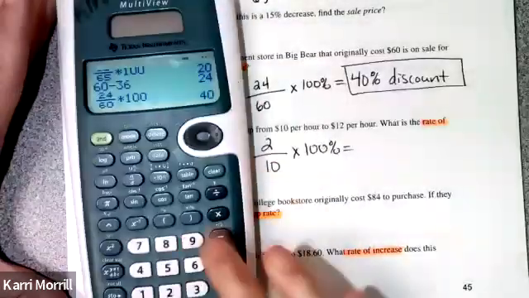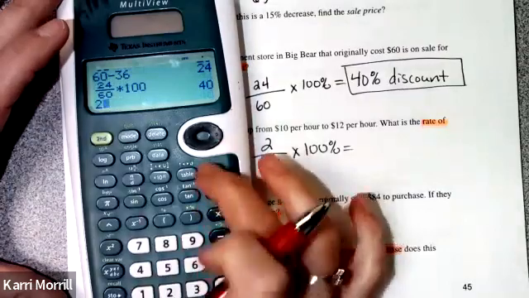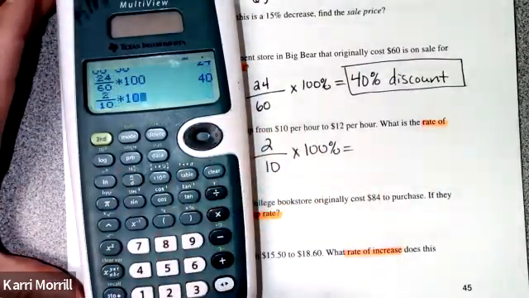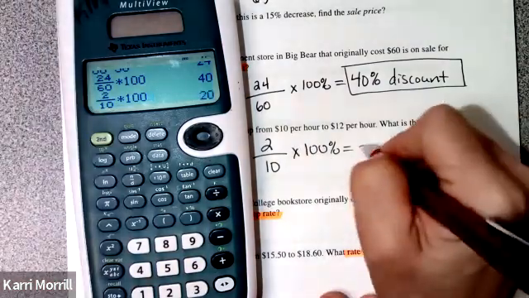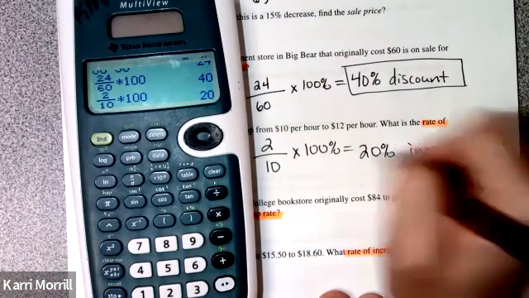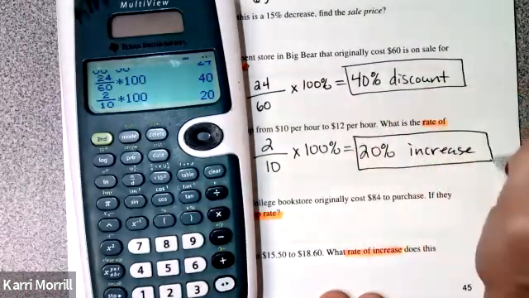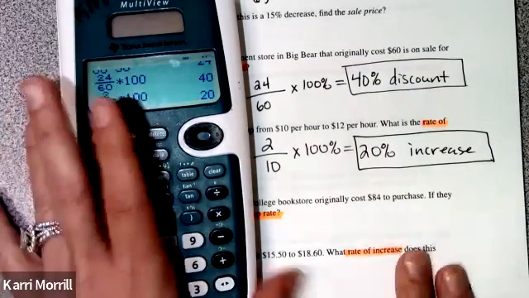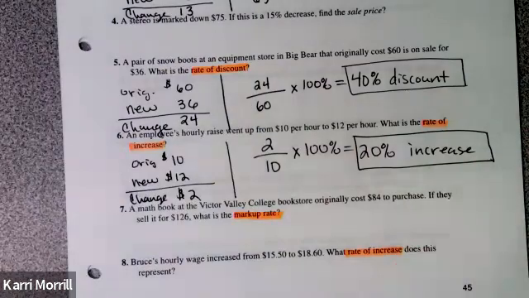So 2, I'll set it up like this. 2 over 10 times your 100 will give you 20%. So that's a 20% increase in your hourly wage. You know, think about the number 10. If you were to separate tens and 2s, 20%, that'd be.